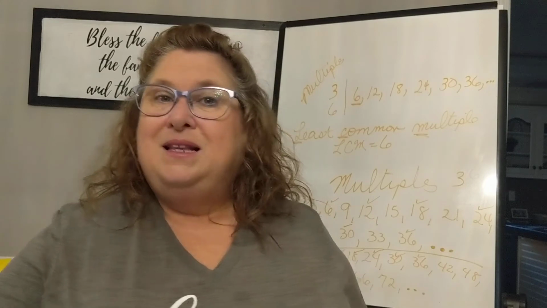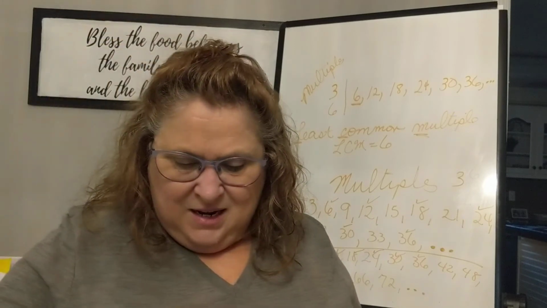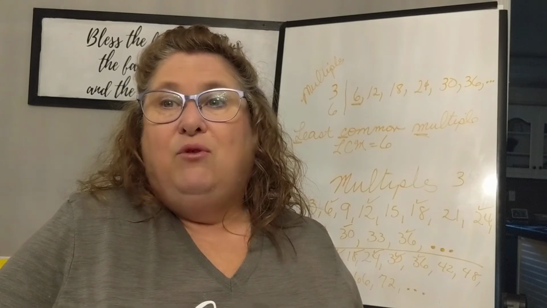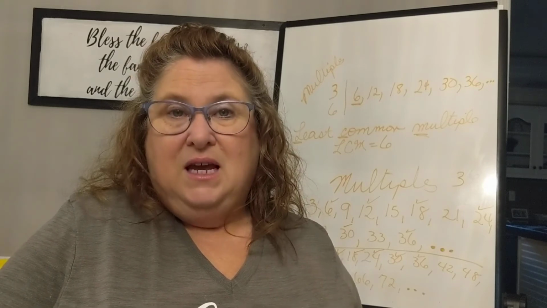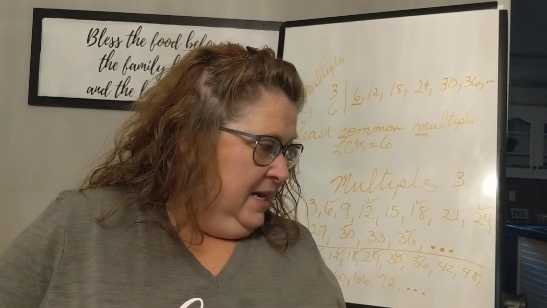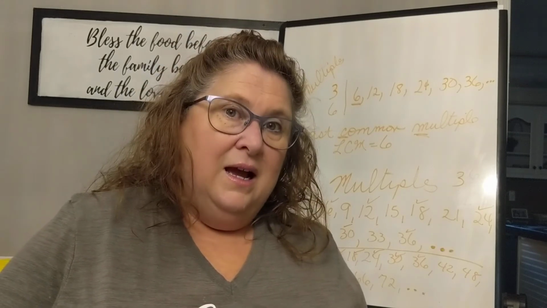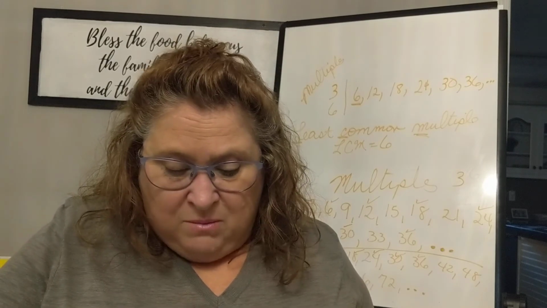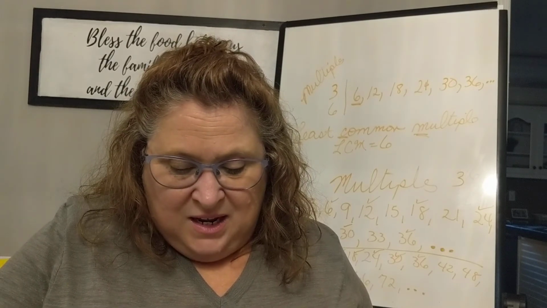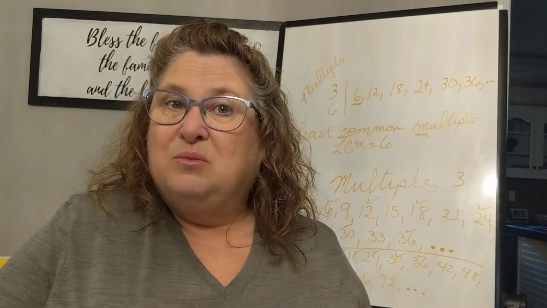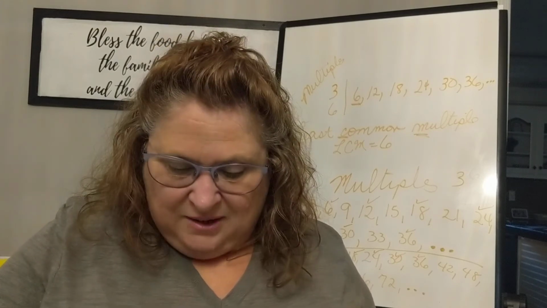Then we're going to count by tens. 10, 20, 30, 40, 50, 60, 70, 80, 90, 100, dot, dot, dot. So our common multiple between 7 and 10 is 70, and our least common multiple is 70.